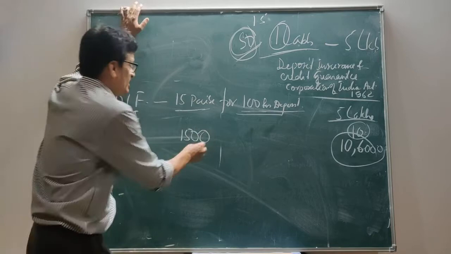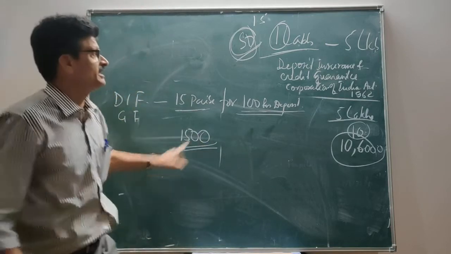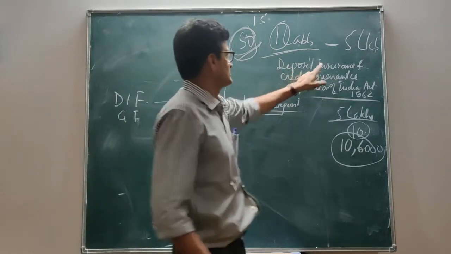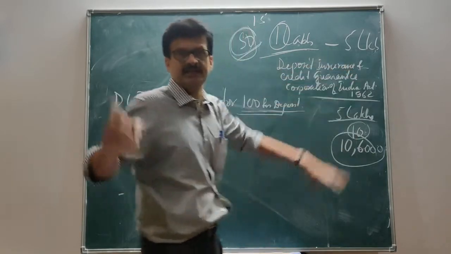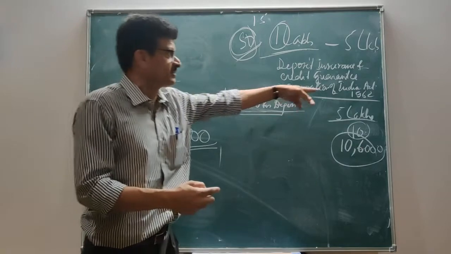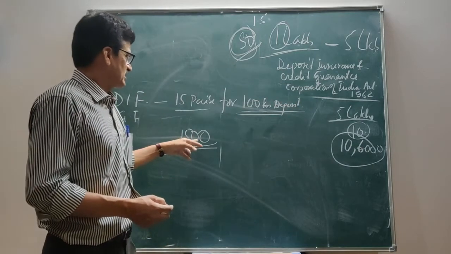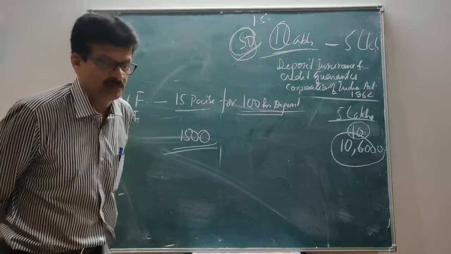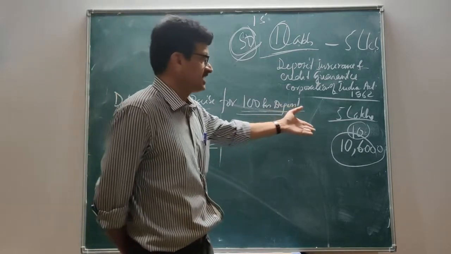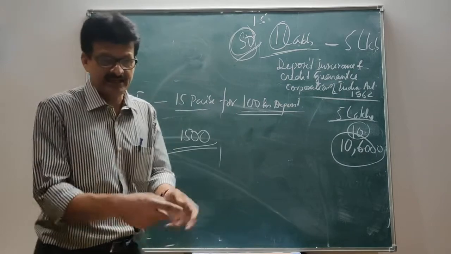Plus remember, 1,500 is paid to the Deposit Insurance Credit Guarantee Corporation. You understand? It is a corporation, a distinct legal entity under the Act of 1962. He pays 1,500 rupees.